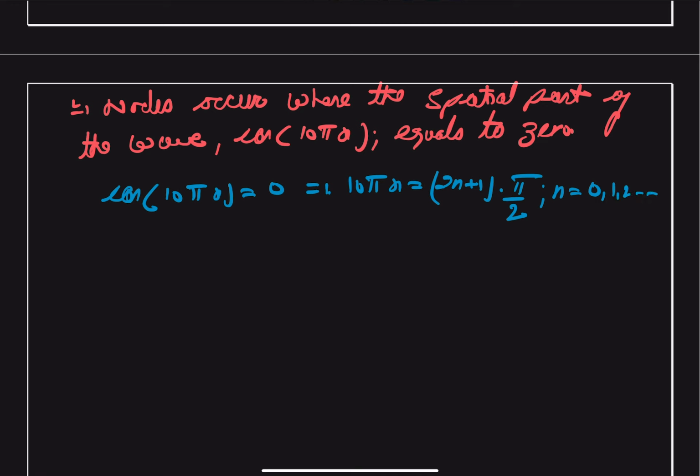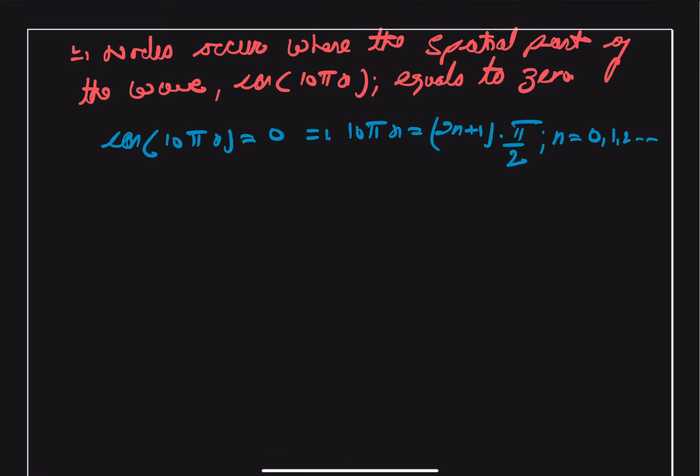So we can just solve it for x. So we can say that our x is equal to 2n plus 1 divided by 20. And once again our value of n is 0, 1, 2 and so on.